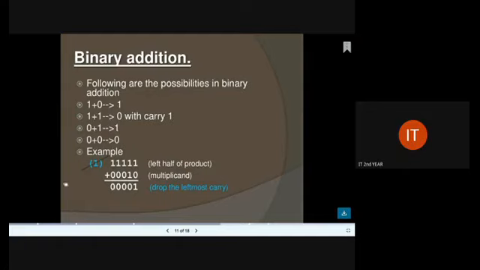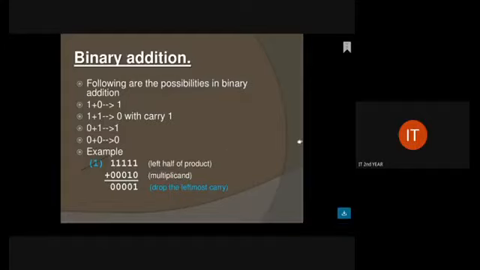This final carry will be dropped. This is the basic procedure: we drop the leftmost carry bit while dealing with signed integer multiplication.